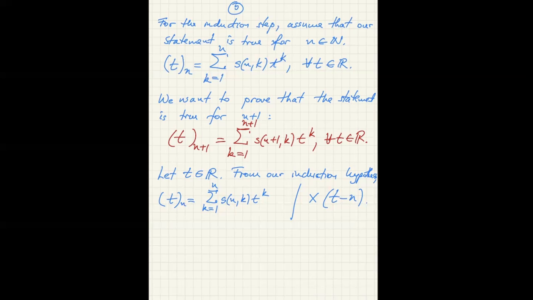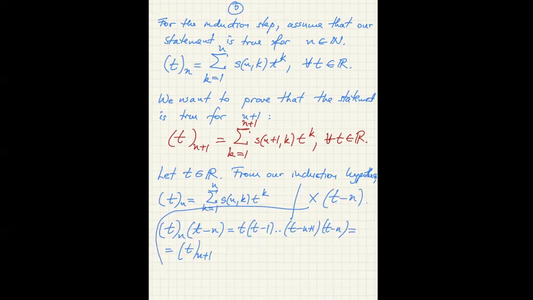Note that if I take T_n and I multiply by T minus n, this is T times T minus 1 times T minus n plus 1 times T minus n, and this is exactly T_{n+1} falling factorial. So from this multiplication, on the left-hand side, we'll end up with what we want in the red equation, but on the right-hand side, we are not going to have exactly what we want.